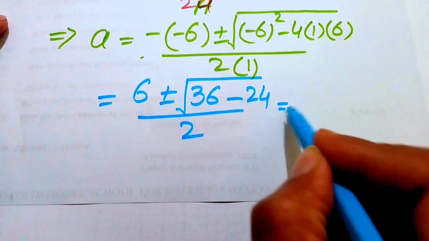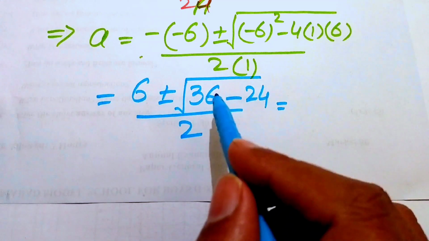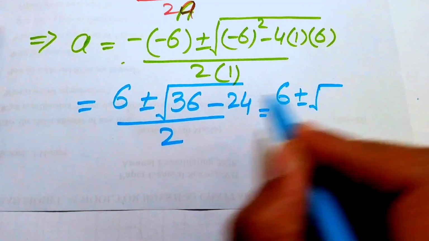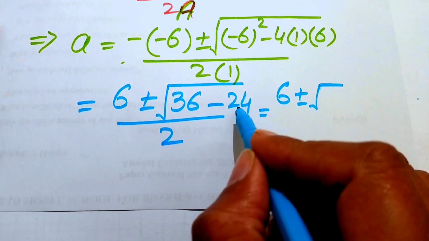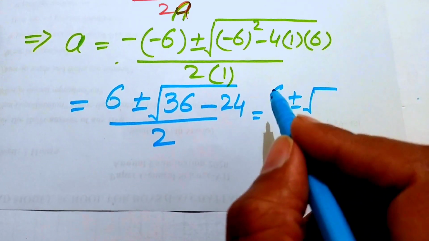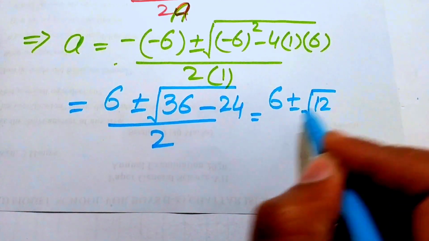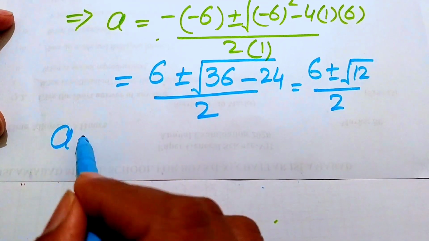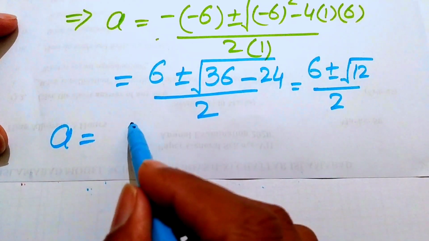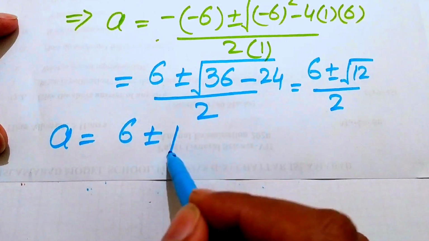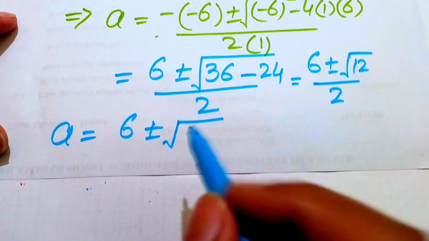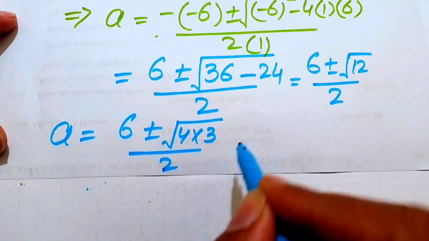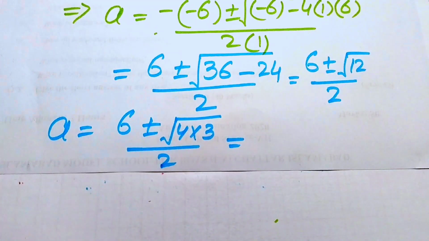In the next step we subtract 36 minus 24 and it becomes 6 plus minus square root of 12 divided by 2. Now we write this square root of 12 as square root of 4 times 3, divided by 2.